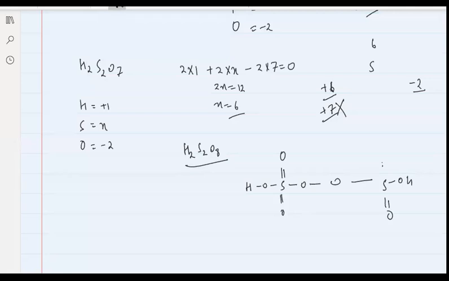Okay, everyone remember this? This was the structure of H2S2O8. We have studied this in chemical bonding. So whenever the oxidation number is more than what it should be, there must be some peroxide. That you should remember.